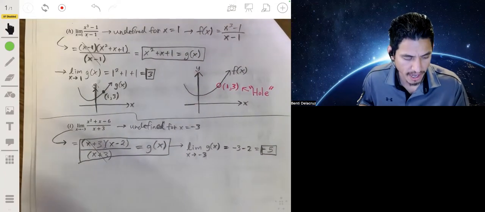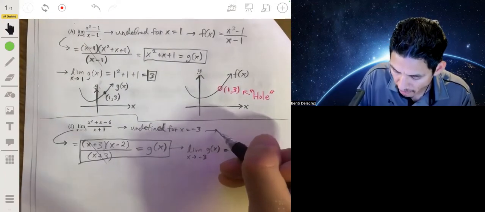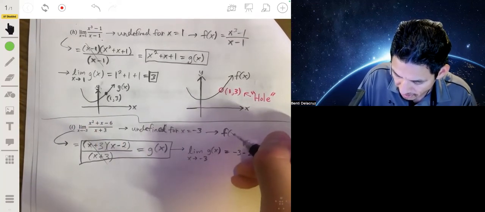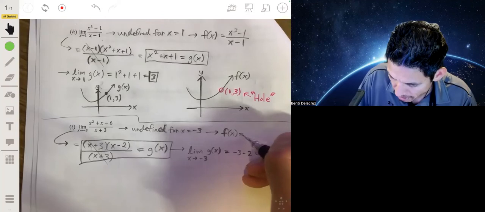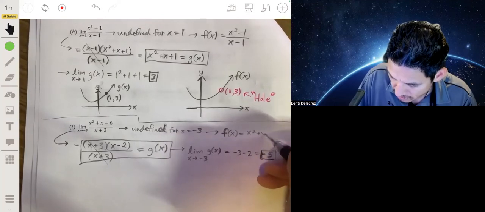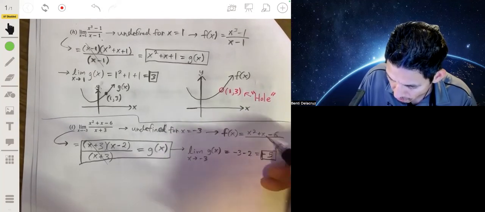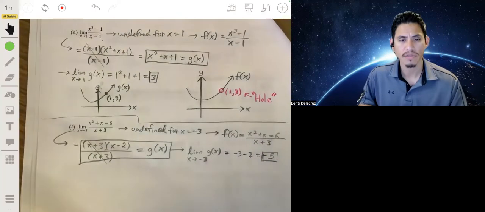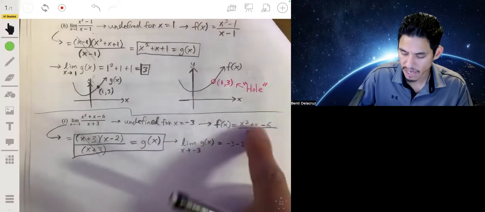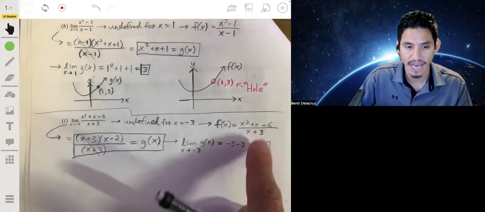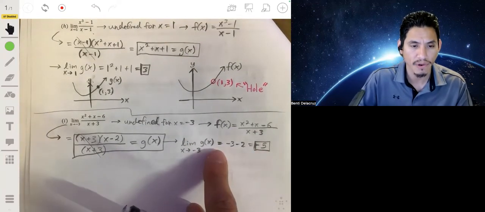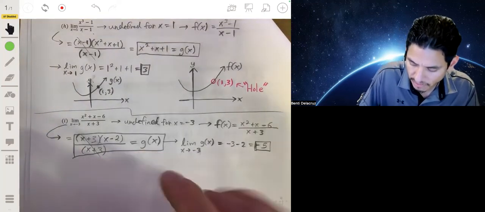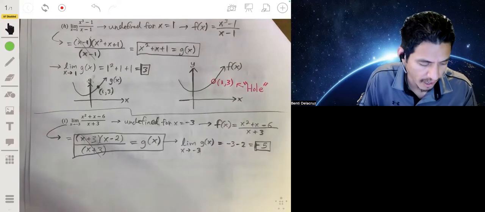So then we can say, remember, because this is going to be our original function, so we'll define that as f of x. f of x will be equal to x squared plus x minus 6 over x plus 3. So these two graphs are going to, again, be exactly the same, except for at that point, -3. That's why we can say that the limit as x approaches -3 for f of x will be -5.